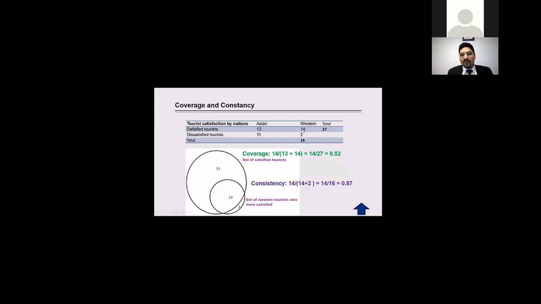You have 14 satisfied Western tourists and 2 dissatisfied tourists. So we need to divide the number of Western satisfied tourists by the whole number of Western tourists. The result is 0.87, which is an acceptable level. It should be more than 0.8.